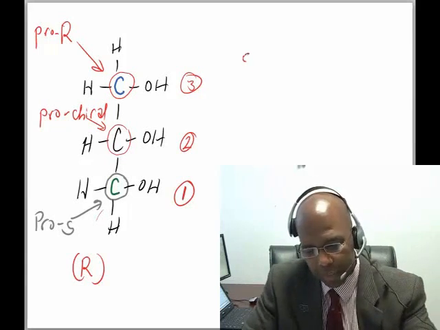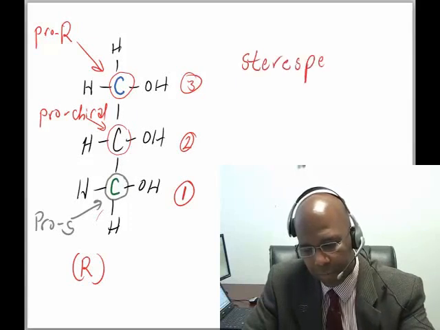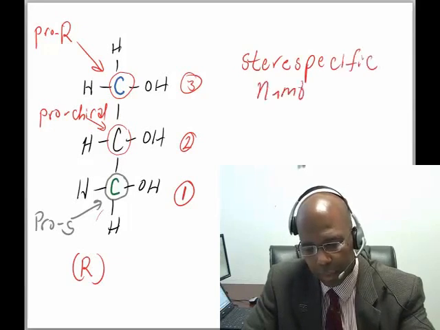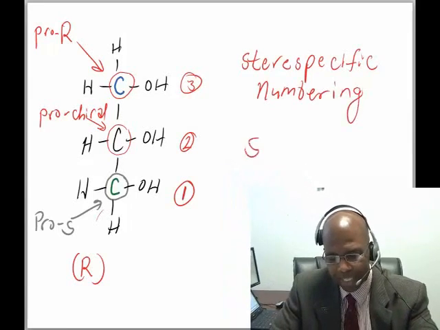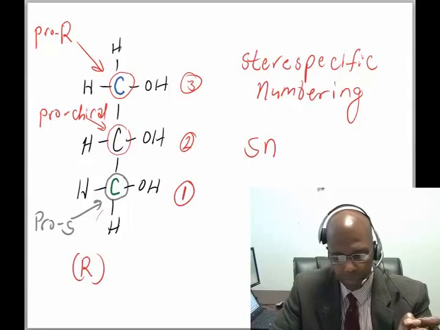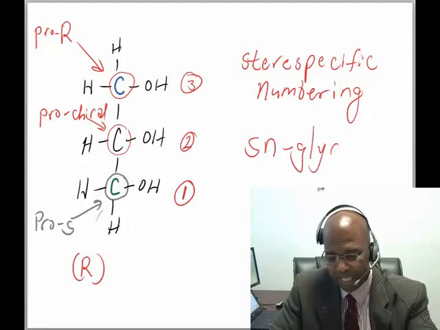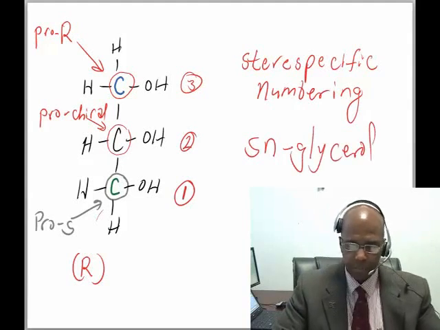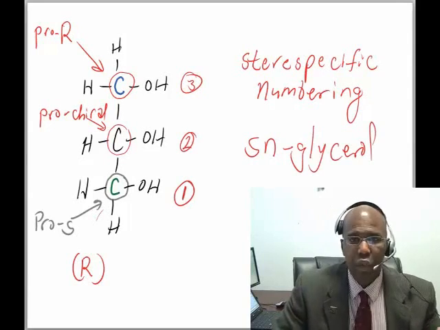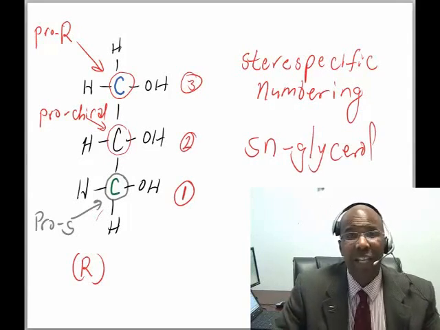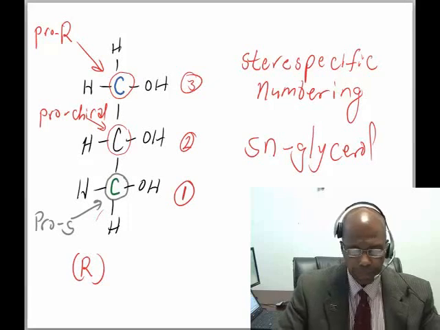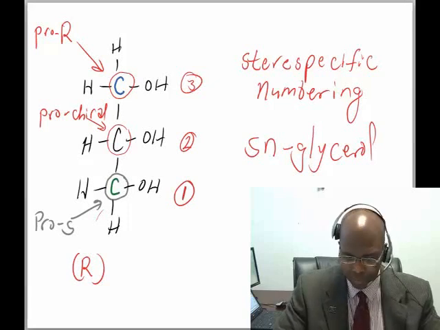And so we call this stereospecific numbering, or SN. Well, I guess we could call this SN glycerol, because I've numbered it. So this is stereospecifically numbered glycerol. But we haven't given it any substitutions.